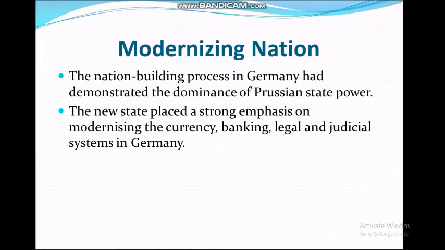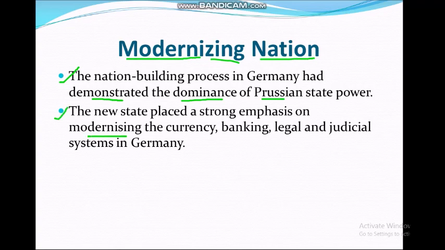Modernizing the nation. After unification, the conservative regime also brought changes in the country. What changes they brought, we'll see. The nation building process in Germany had demonstrated the dominance of Prussian state power. In the nation building, we have seen Otto von Bismarck was leading and his power was demonstrated as dominance. The new state placed a strong emphasis on modernizing the currency.